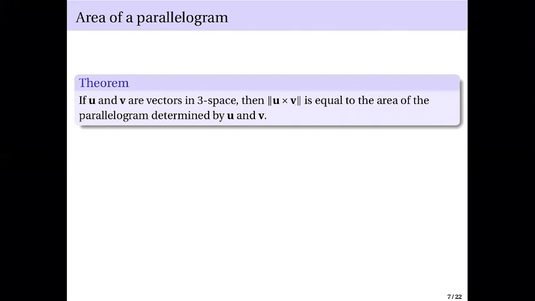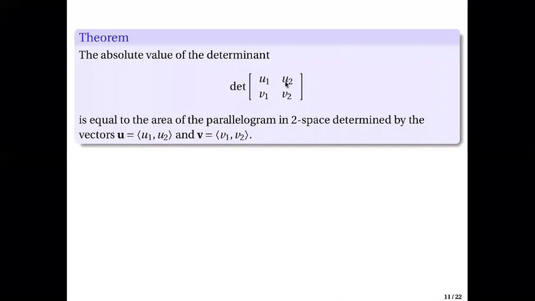But in this theorem, we only look at vectors in two space. And we are talking about cross product. So the question is, how are we going to relate the cross product with this formula?